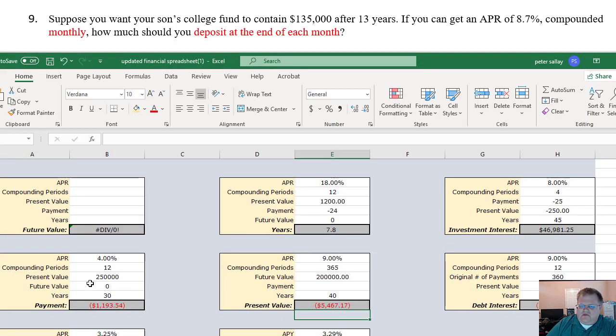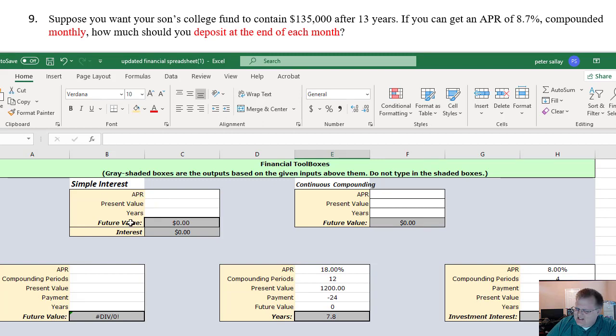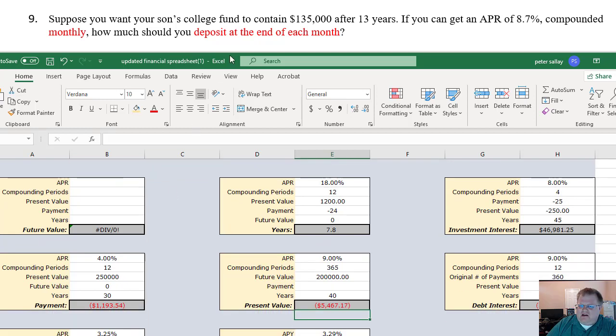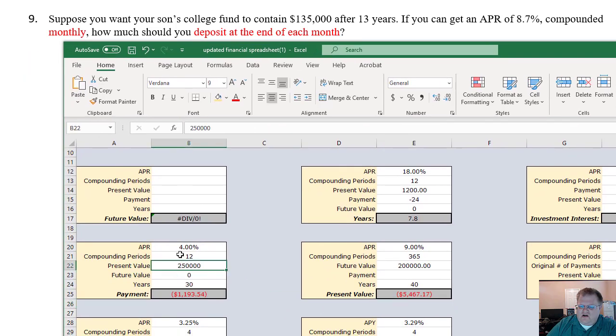When I go to the spreadsheet, I didn't see the word simple or continuous compounding, so I don't need either of these boxes. I do need the payment box, so I'm going to move this over here. I want to type that as 8.7. Compounding periods, they said compounded monthly, so that's 12.